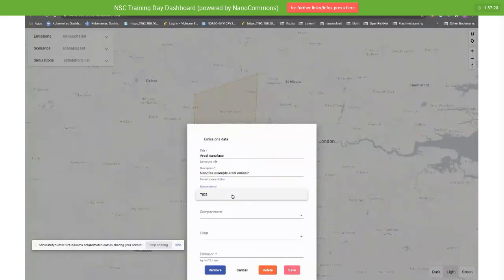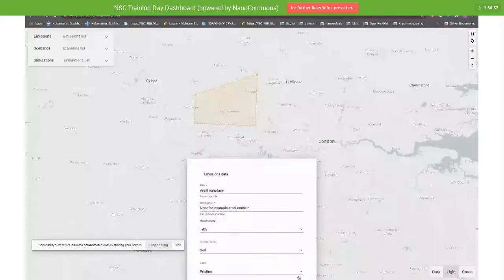You have to enter the nanomaterial, which is the dioxide of titanium. Let's say that this specific emission happens on soil with pristine form, and let's say that the emission consists of 1 kilogram per meter square per year.